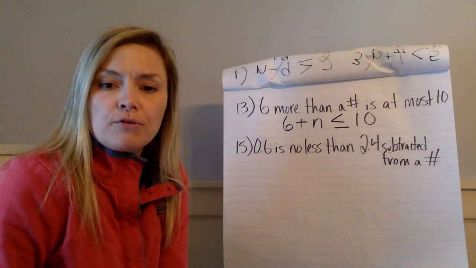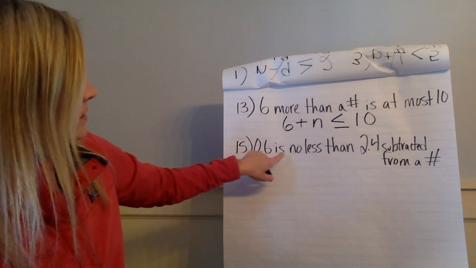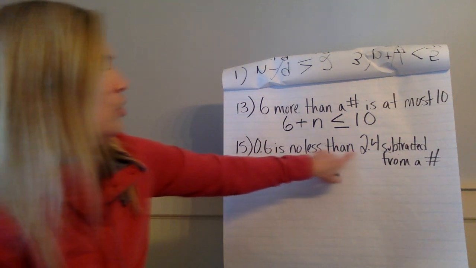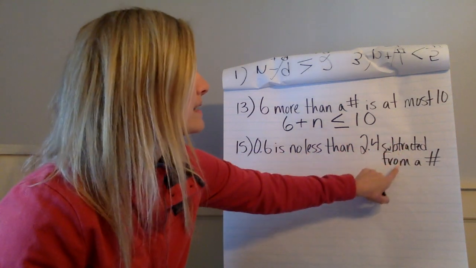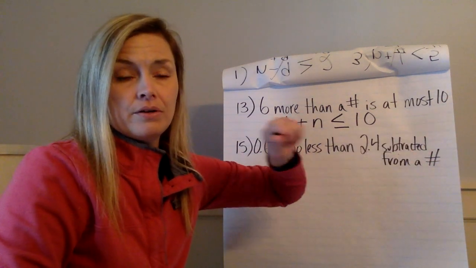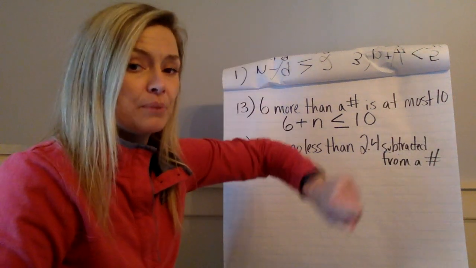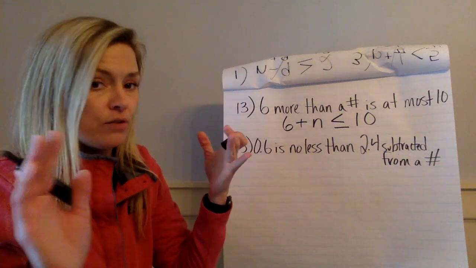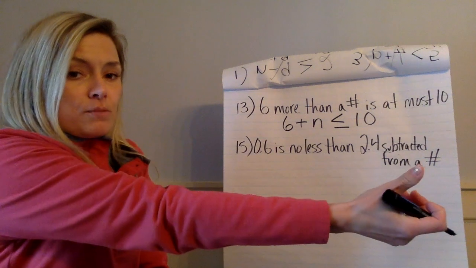In number 15, it says that 0.6 is no less than 2.4 subtracted from a number. The number we don't know, that's our variable, but 2.4 is being subtracted away.